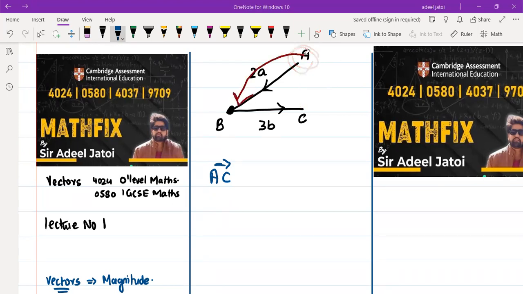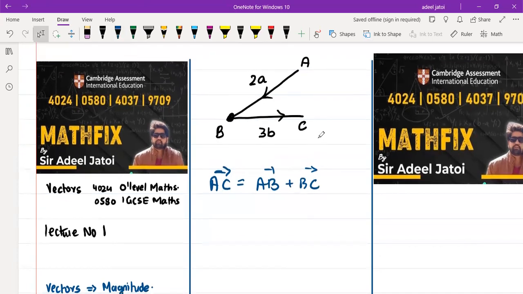I'll go from A to B, then from B to C, so that I can reach from A to C. Every time you write down a vector, the first initial thing is to write down the route. And the route will always be positive, AB plus BC, irrespective of the direction. So since I need to go to AC, I'll go through AB and BC, and AB is 2a with the positive direction, and BC is 3b with the positive direction.